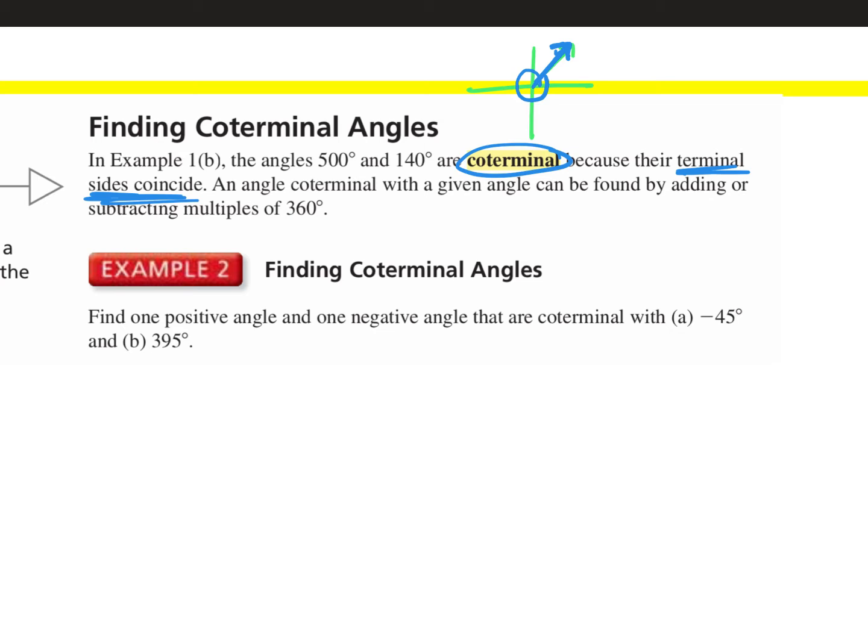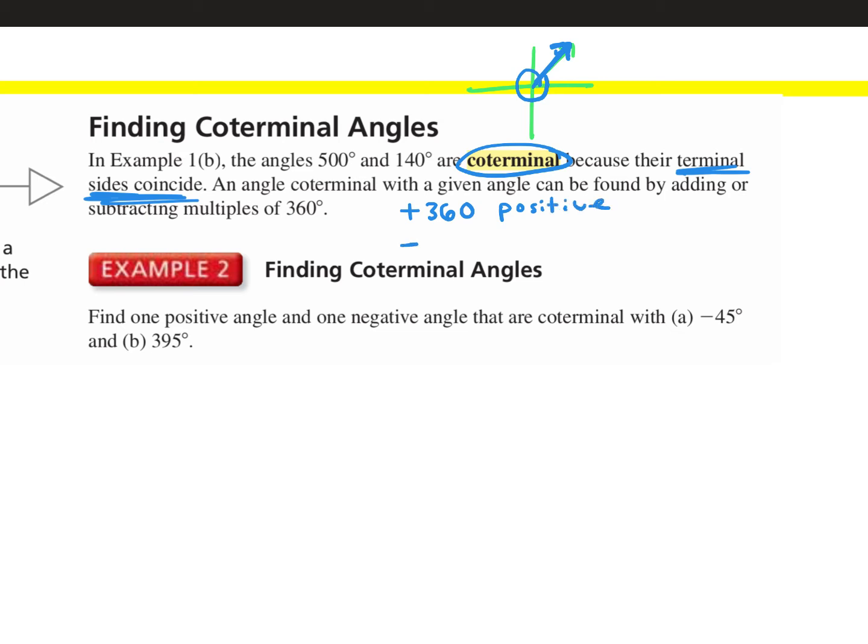An angle coterminal with a given angle can be found by adding or subtracting multiples of 360. So most of the time, but not every single time, to find the positive angle, we would add 360. So this is to find our positive coterminal angle.